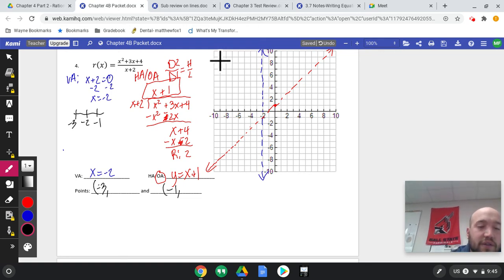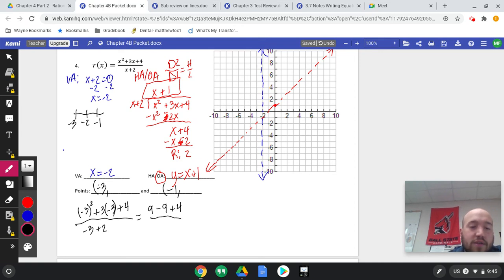So if we plug in the -3, we get -3 squared plus 3 times -3 plus 4, all over -3 plus 2. -3 squared gives us 9. 3 times -3 gives us -9, plus 4, all over -3 plus 2, which gives us -1. 9 minus 9 is 0, plus 4 gives us 4 over -1, or -4. So -3, -4 tells us we'll go -3 and down 4. We'll be right in that quadrant.